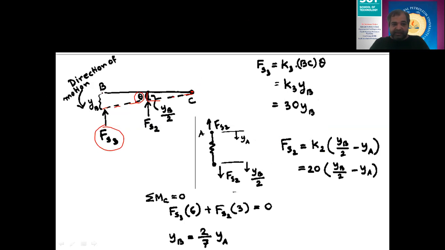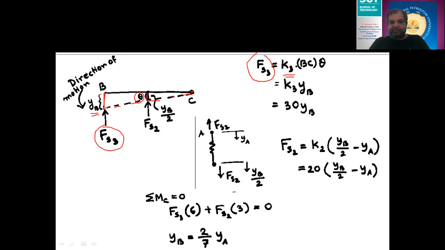Now suppose I assume the total displacement of end B to be YB. If I find the value of Fs3, what will be the equation? Fs3 is the stiffness of spring number 3 multiplied by this displacement YB.